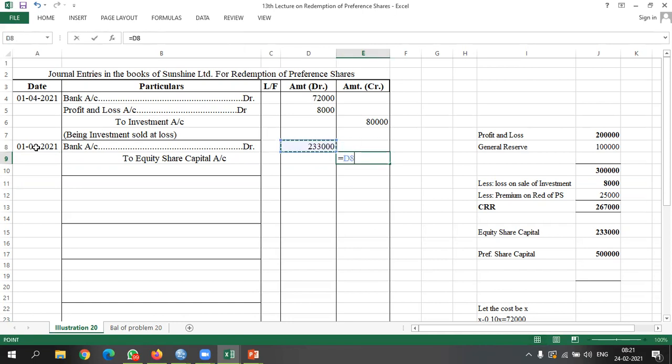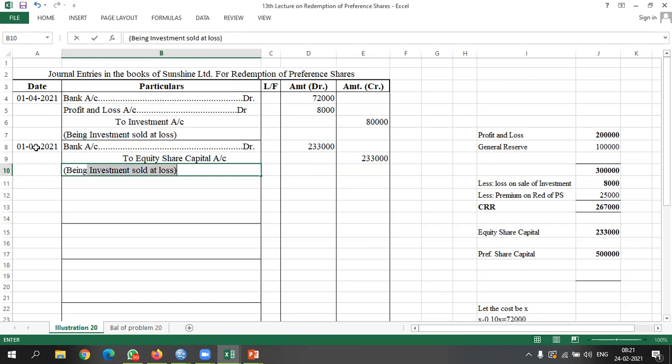Here I will write: being 23,300 equity shares issued at par.